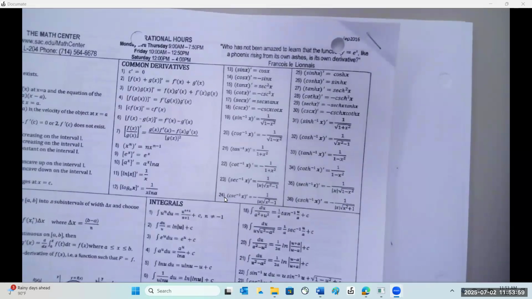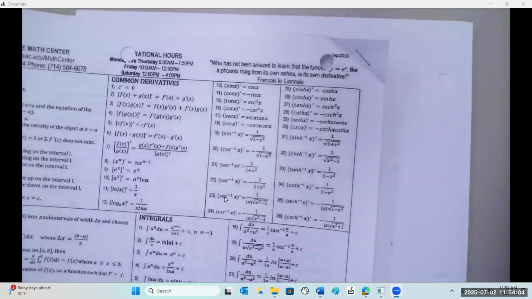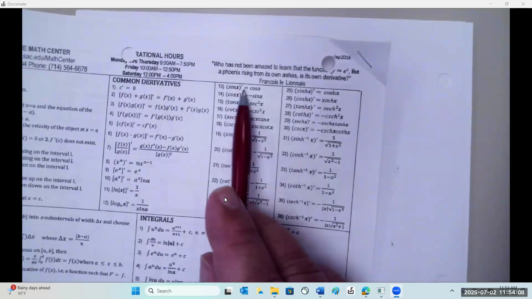All right, let's define the derivatives of our inverse functions. Even though you have them all right here, we'll show you where they come from. So the derivative of sine is cosine.